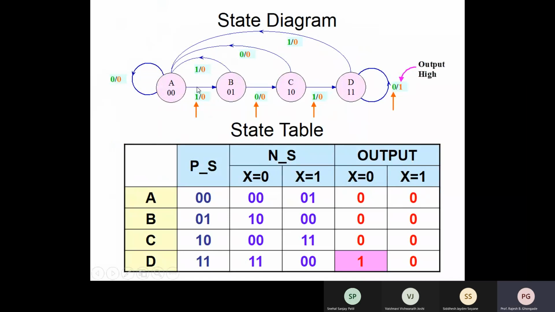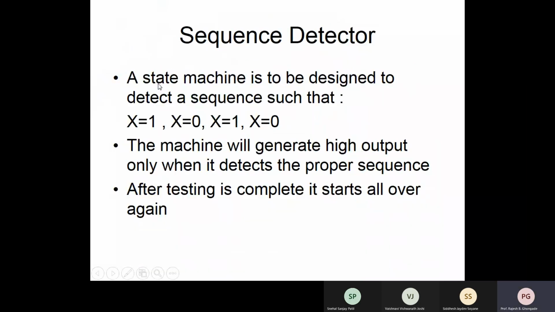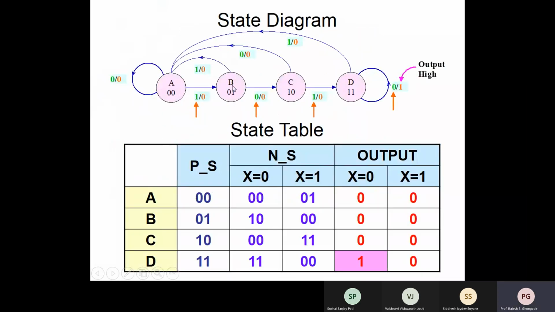If I detect a 0, the state is not changed at all, and obviously there is no question of generating any output there. But if it detects 1, the very first bit of the sequence, it advances to the next state. If it gets 1 as the input, the output is of course 0 because the complete sequence has not been detected yet, but it advances to the next state. Now in the next state, this is going to be interesting. If it detects the next expected bit, that is 0, it will advance to the third state.